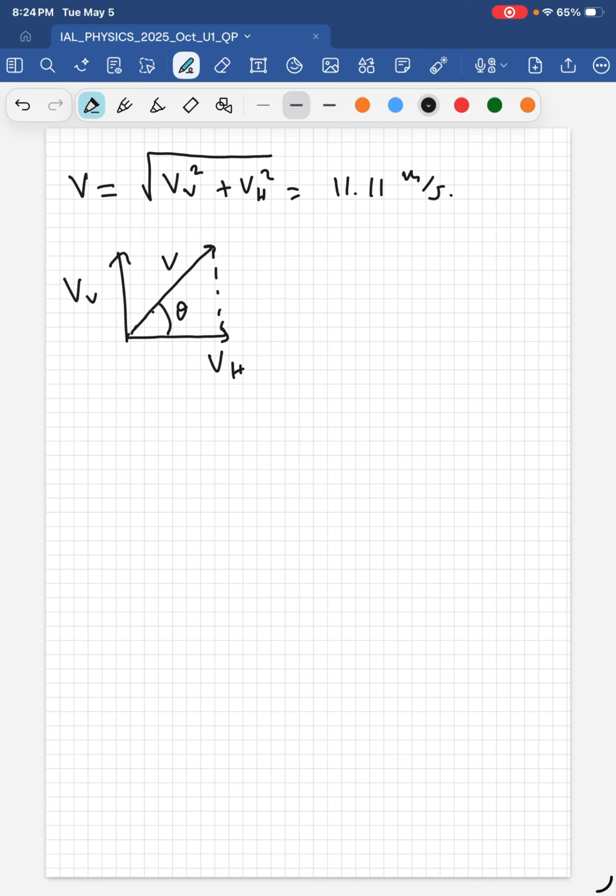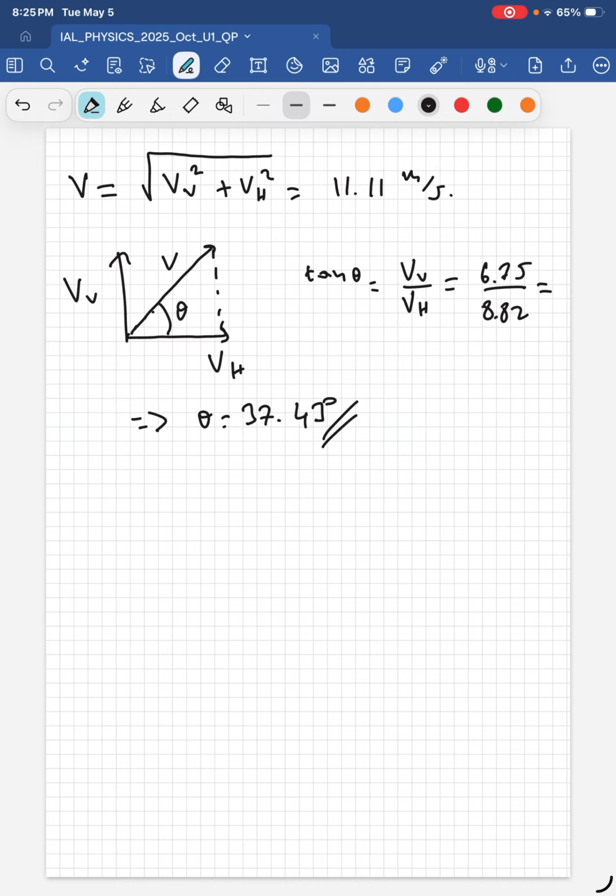They don't ask for it, but I think it's implied. So the tangent of theta is equal to the magnitude of the vertical velocity over the horizontal velocity. So 6.75 over 8.82, which gives an angle of 37.43 degrees, which is the answer.